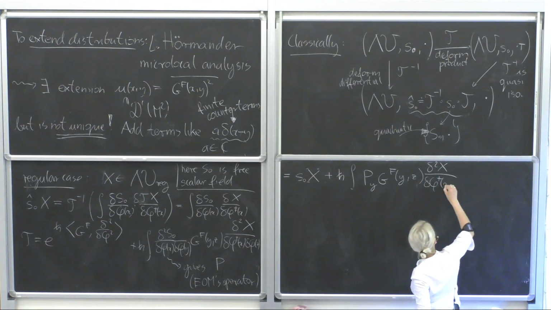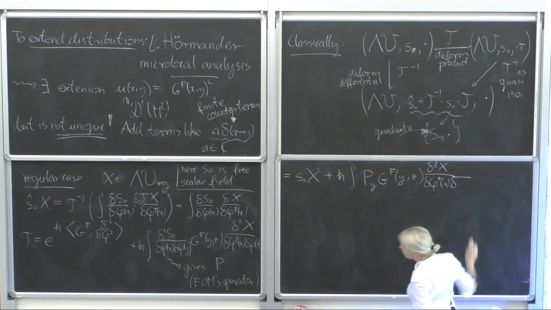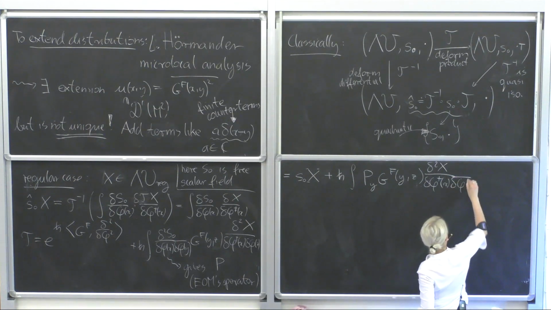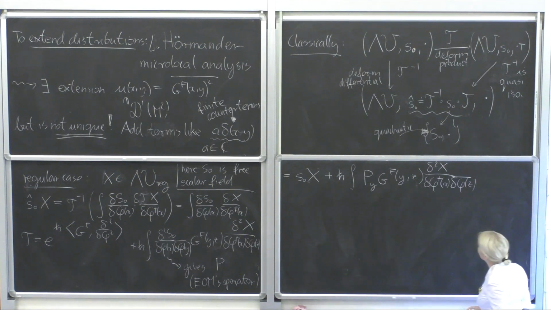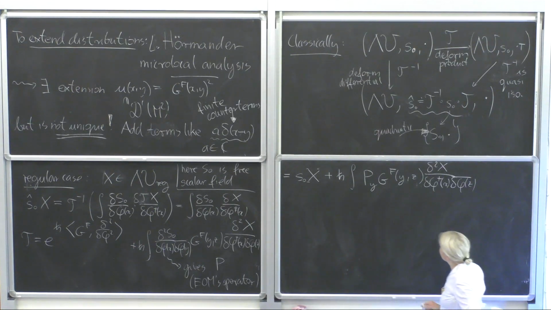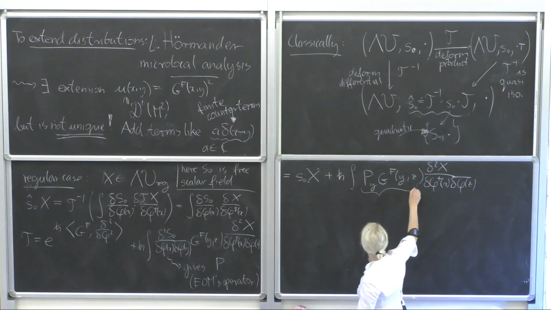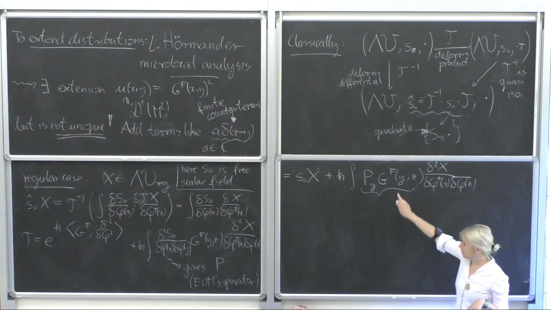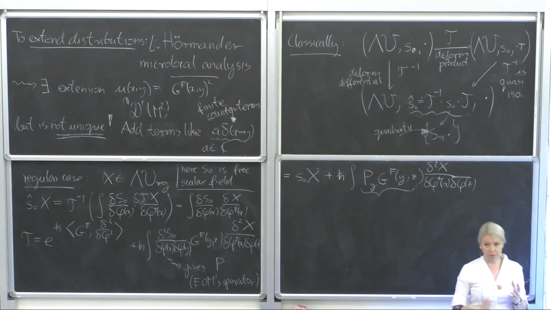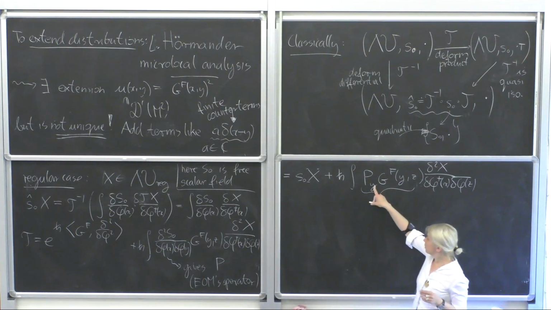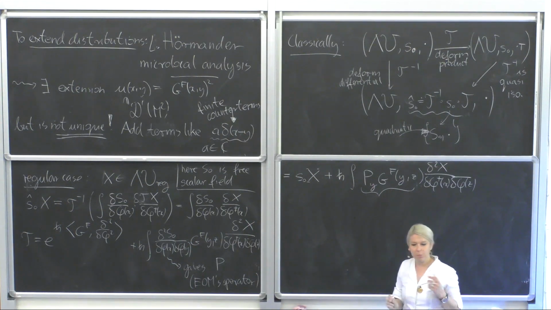Again, if you want more detail, you can look at the paper. This is a bit of algebra, really. Okay, and then now I use the fact that G_F is a Green function with respect to this operator.